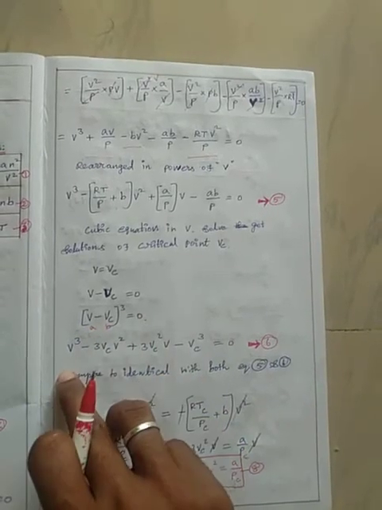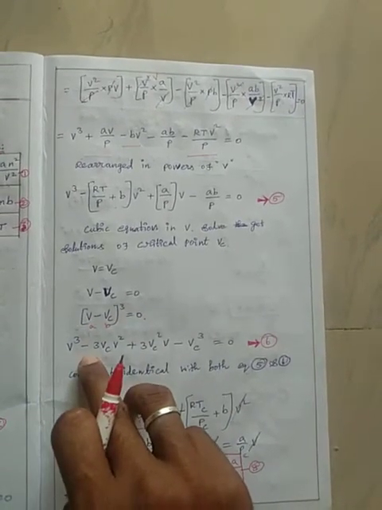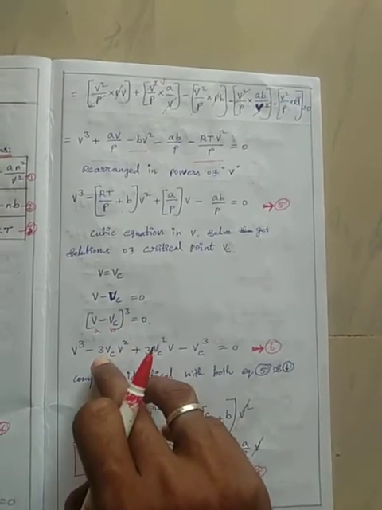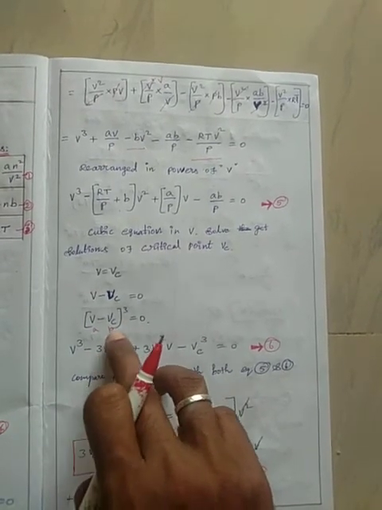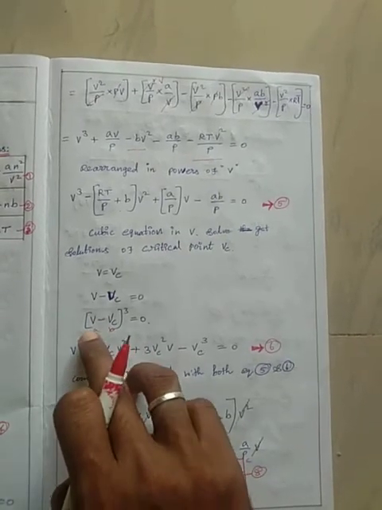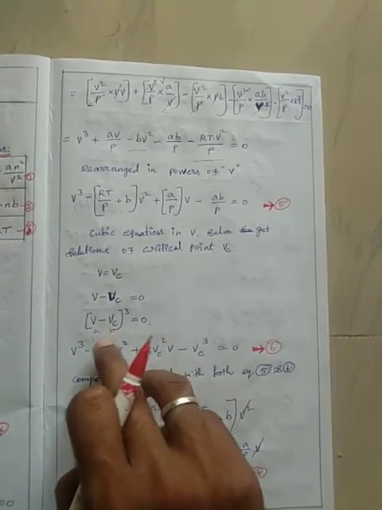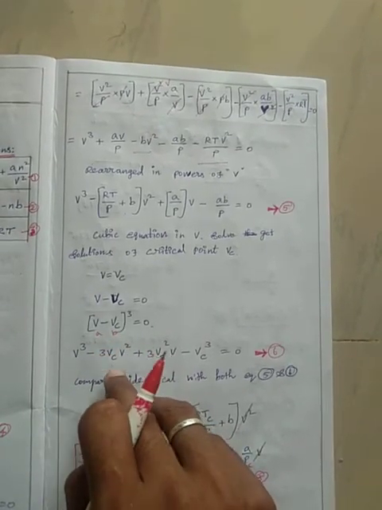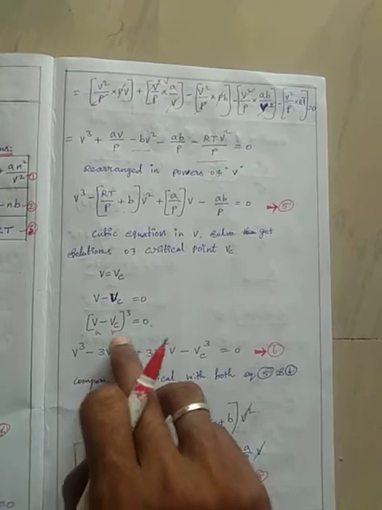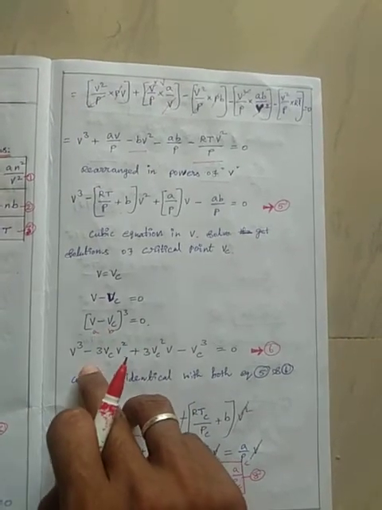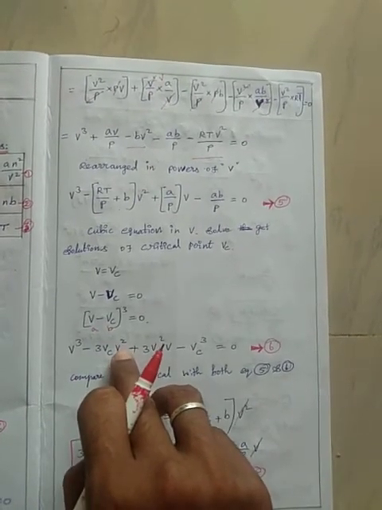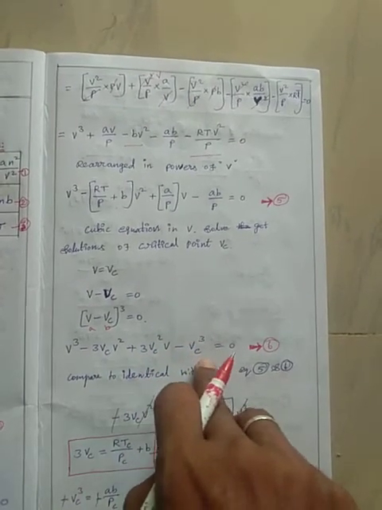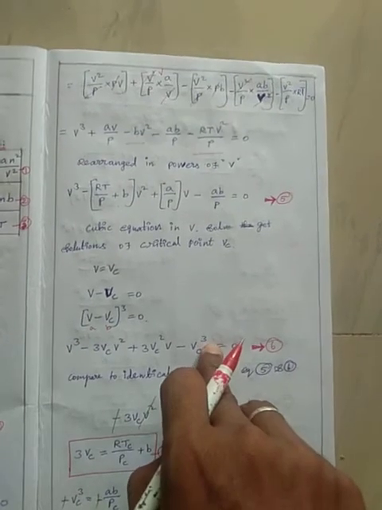So a cubed means V cubed, minus 3a b squared, and then applying the (a minus b) whole cube formula: minus 3Vc V squared plus 3Vc squared V minus Vc cubed.